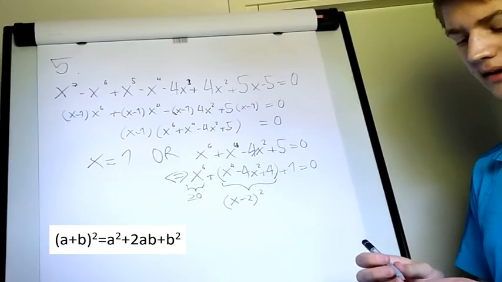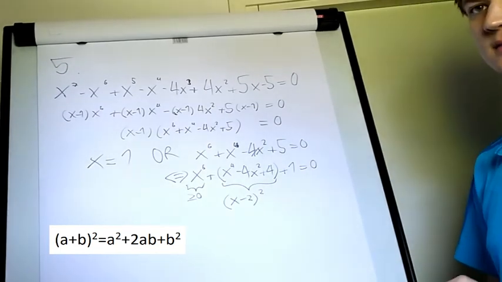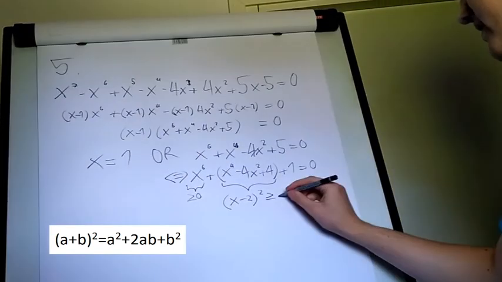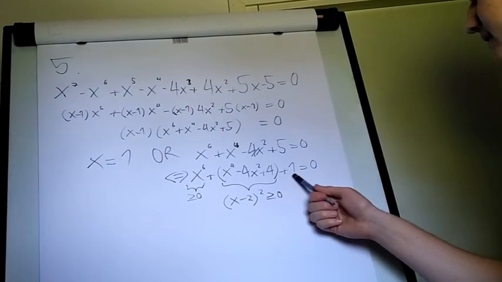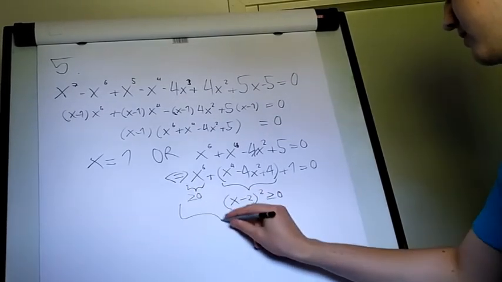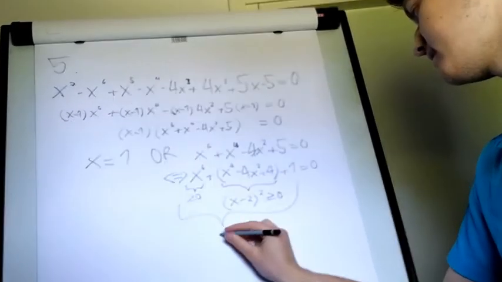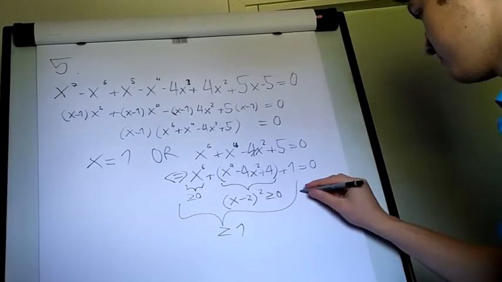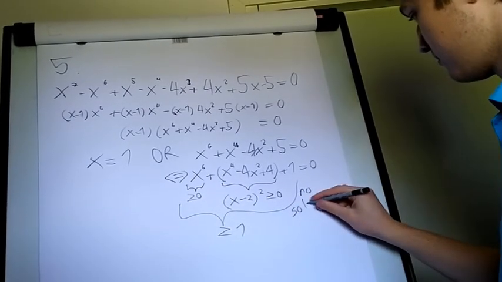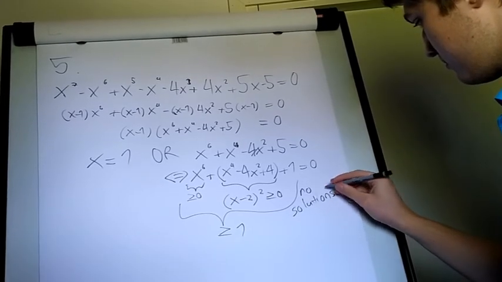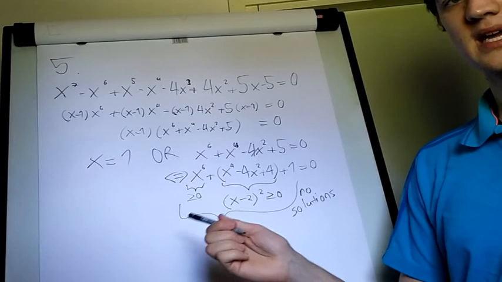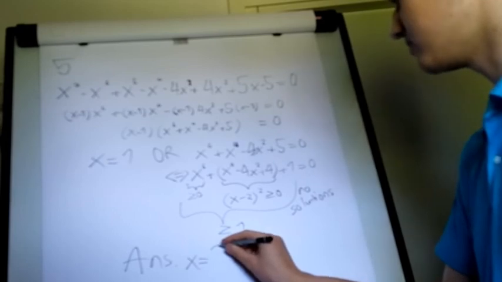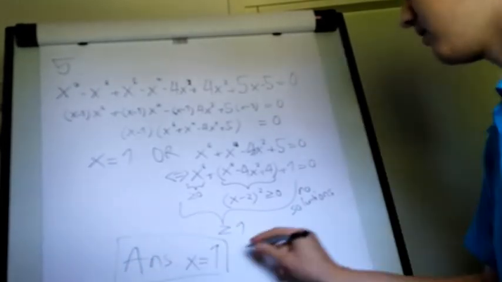It can be given by the formula I hinted at, square of a binomial. And this is also greater than or equal to 0. And this is 1. So this whole expression is always greater than or equal to 1. So it can't be 0. So no solutions here. And that means our answer is x equals 1. And that is the only solution.